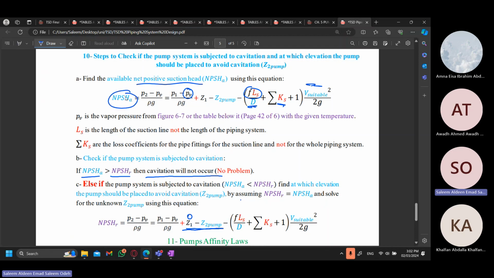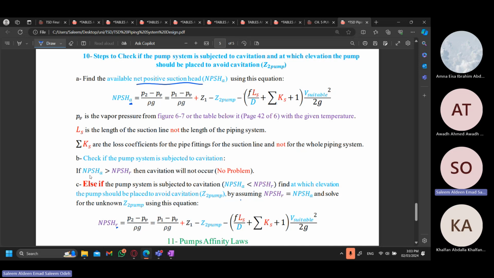But either way, as you could see, they're both the same equation. The only thing that actually matters is the subscript, whether you use A or whether you use R. That's the only thing that's different and the one that matters.